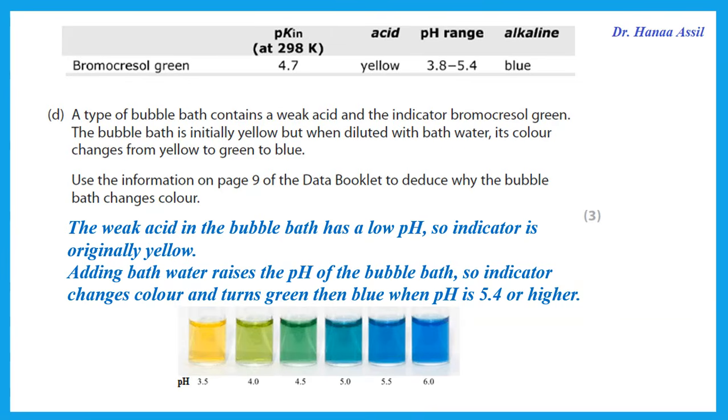But as we add water to it, the pH rises. It goes towards the pH of the water. So the indicator is changing color because the pH is rising from the low pH to the higher pH, and we see that the color will change from yellow to green to blue.